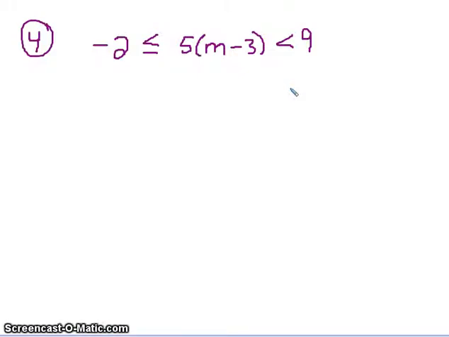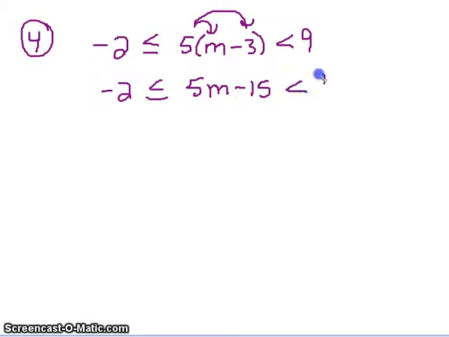It is possible to go ahead and divide everything by 5, but we don't do well with fractions. So my suggestion is to go ahead and use the distributive property. We're going to distribute so that we get negative 2 is less than or equal to 5n minus 15 is less than 9.